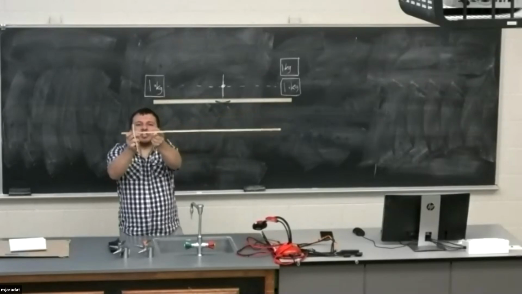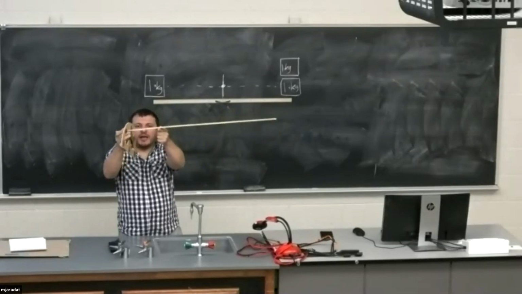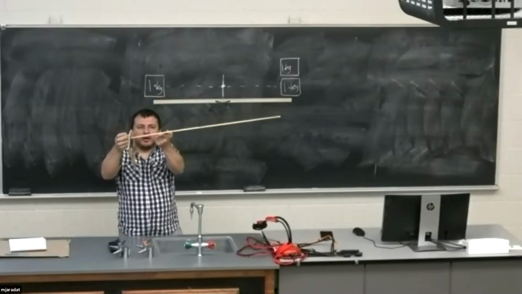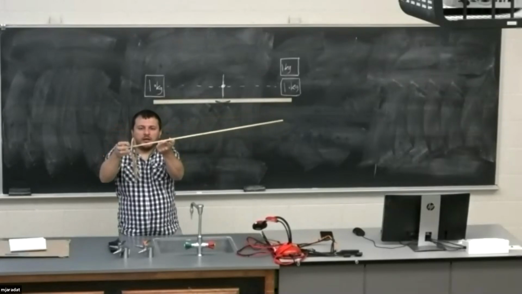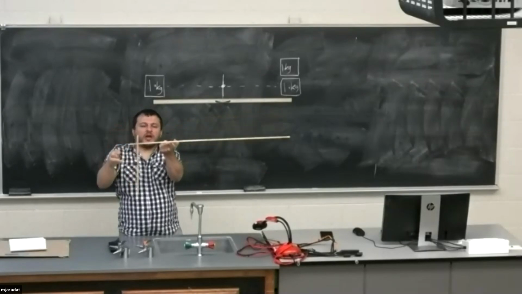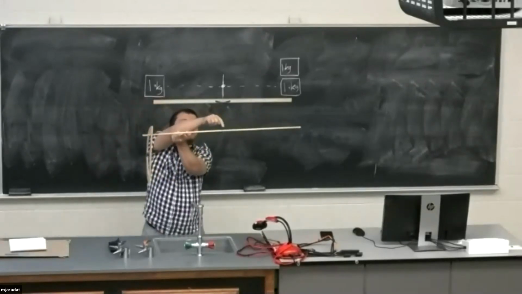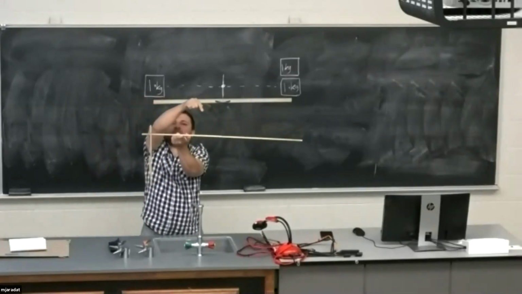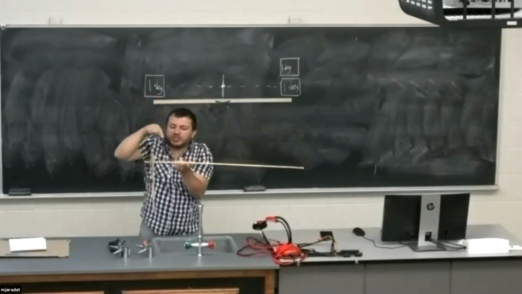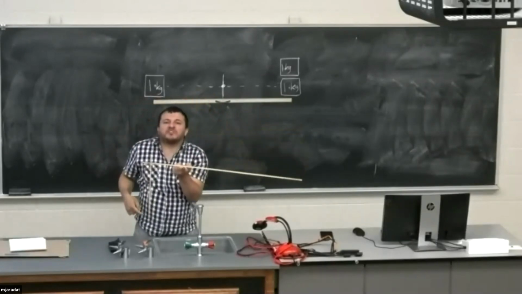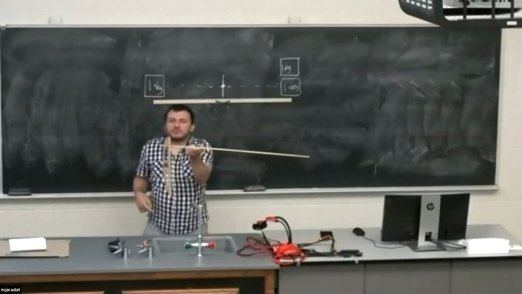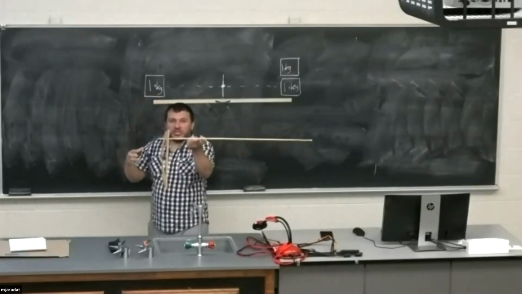But if I change my center of mass location, it's stable. Okay, now look. The center of mass changed from 50 centimeters, the half of the roller, to this point, which is 25 centimeters. Do you see that?